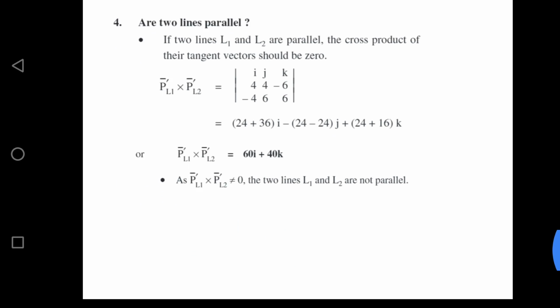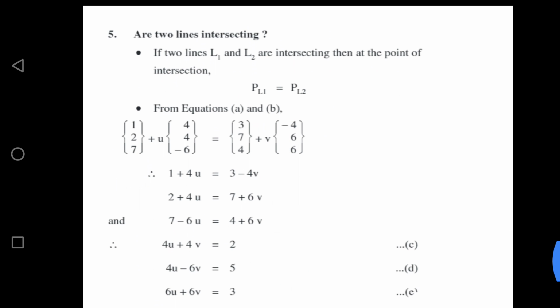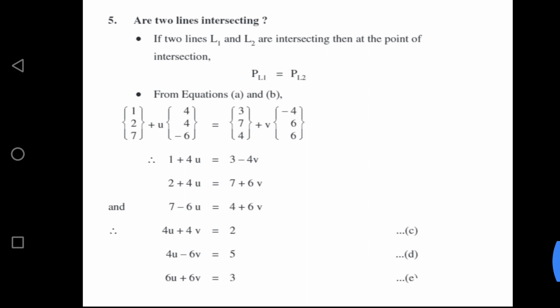Okay. So the fourth one is they asked us to find out whether the two lines are intersecting. Yes, we know that these two lines are intersecting. Mathematically, how do we prove that?